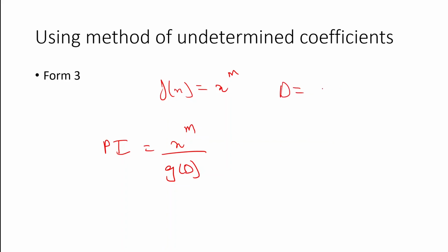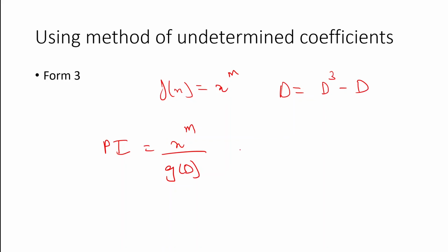The third form is if f of x is equal to some power of x, x to the power m. Then the particular integral is equal to x to the power m by g of d. So here's what we do. Let's assume g of d is, say, d cube minus d.